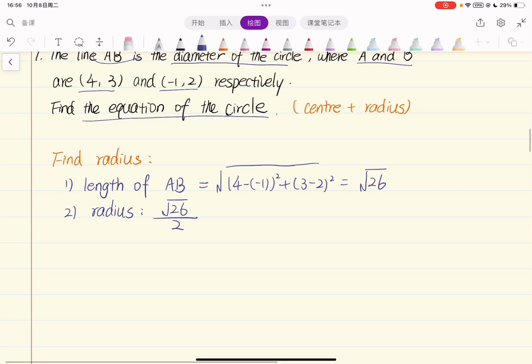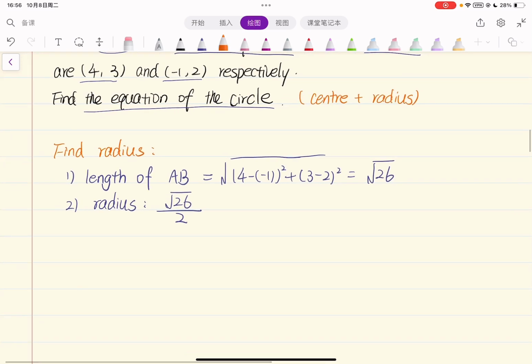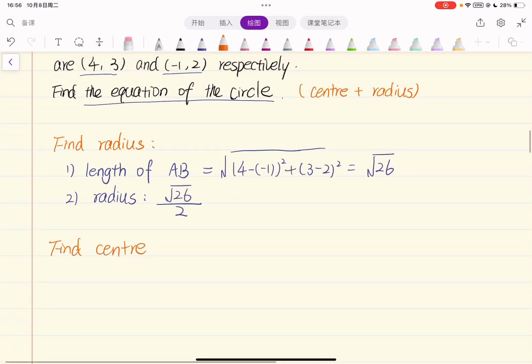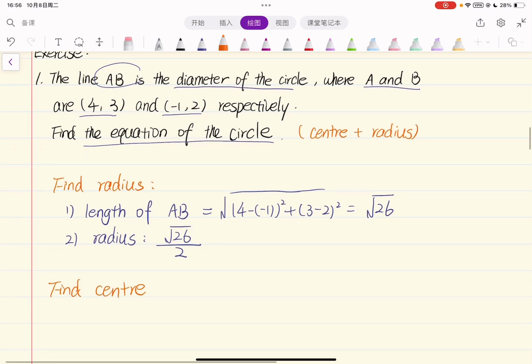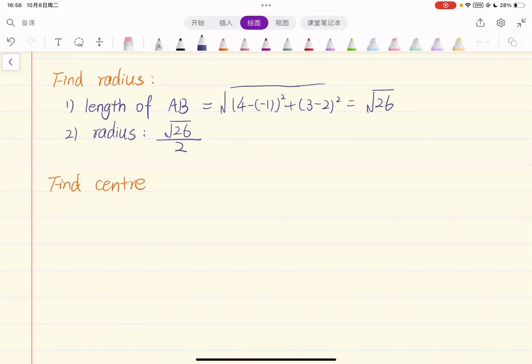Now we need to find the center. As AB is the diameter of the circle, the center is the midpoint of AB.